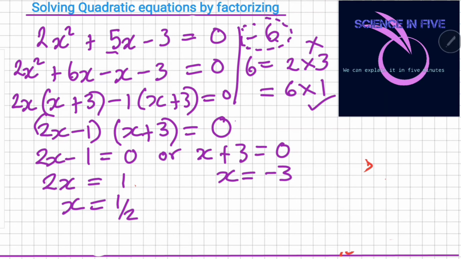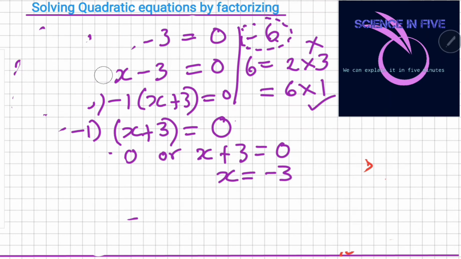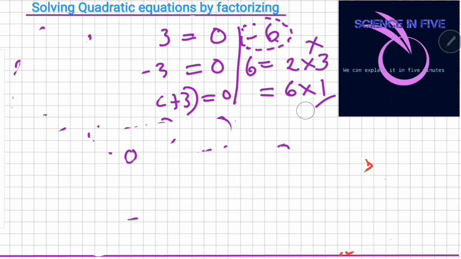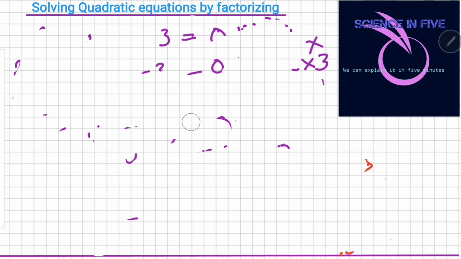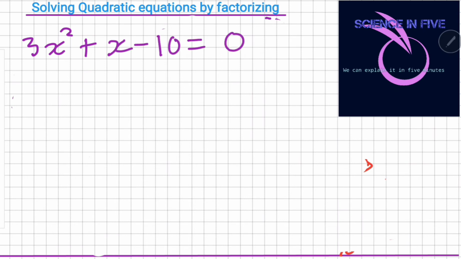Okay, let's do another example. In the next example we have 3x squared plus x minus 10 equal to 0.